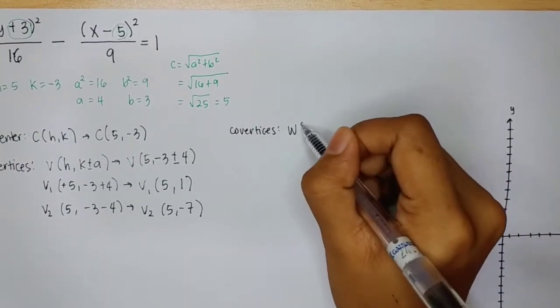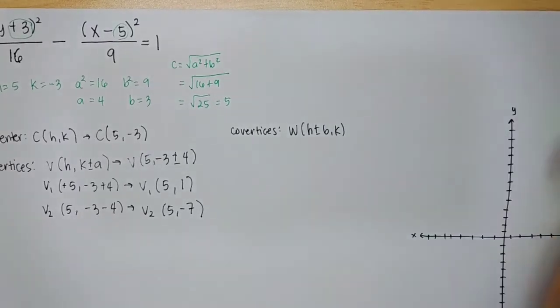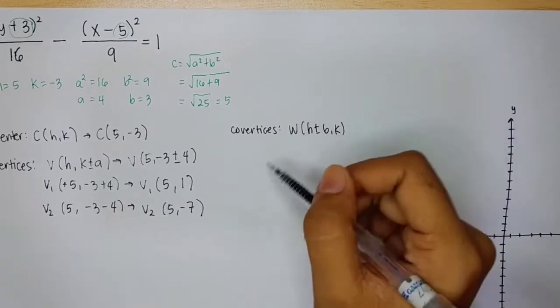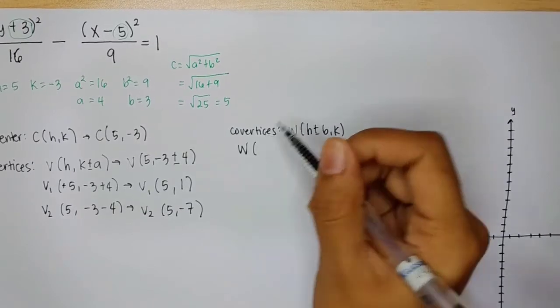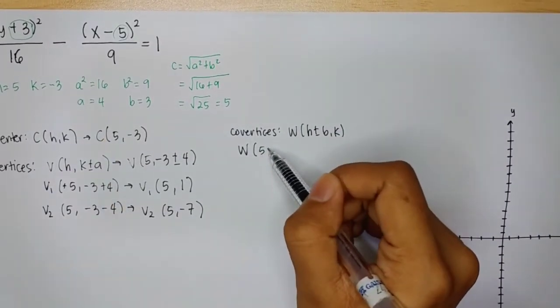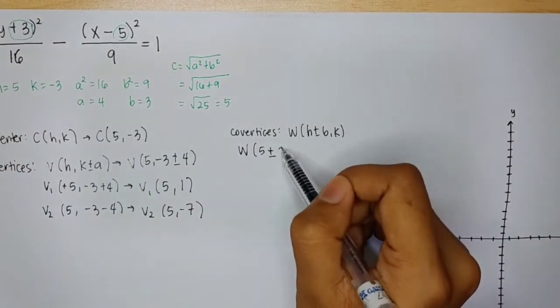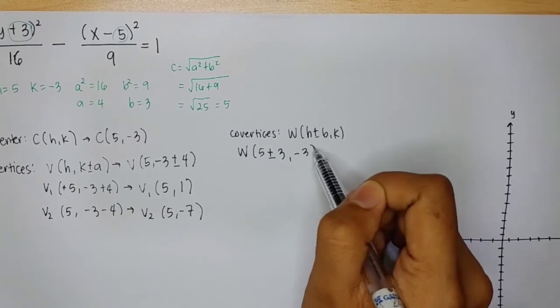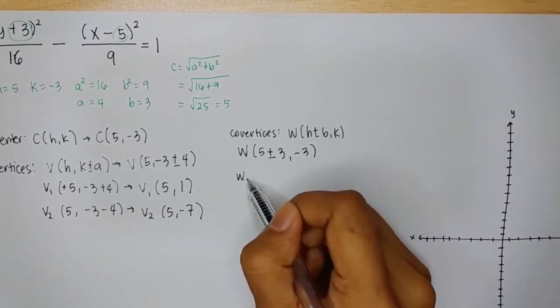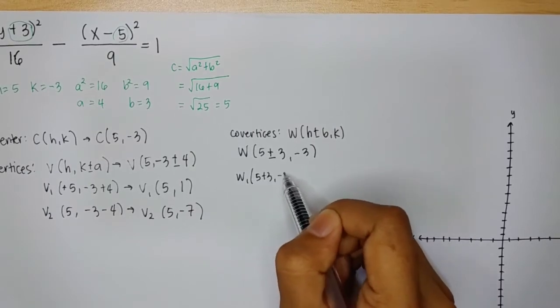The co-vertices W is H plus minus B, comma K. So, this is W natin is, copy natin yung center na 5 and negative 3. Then, plus minus yung B natin, that is 3. Copy yung negative 3. So, ano yung W1 natin? That will be 5 plus 3, negative 3.